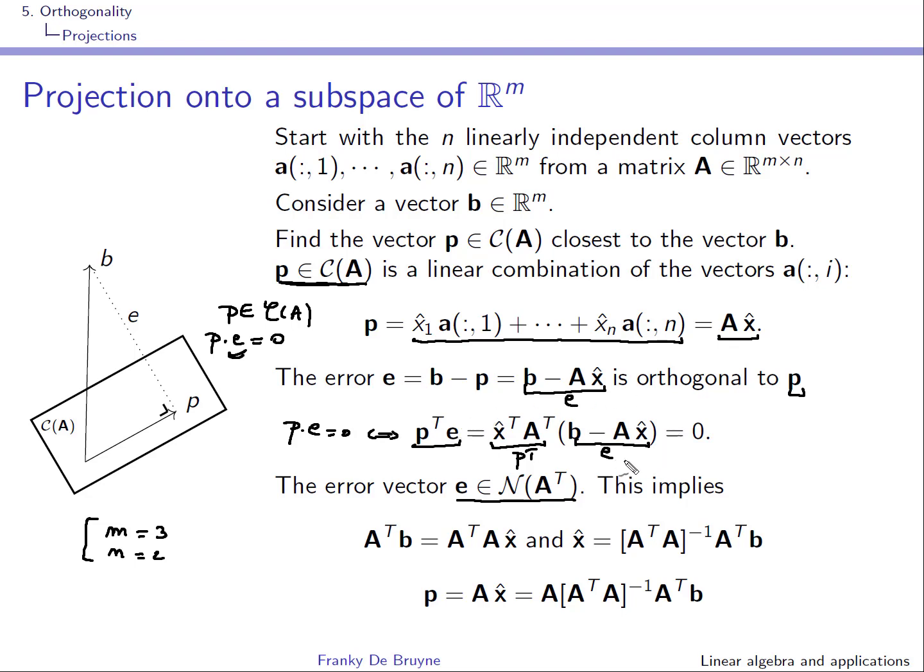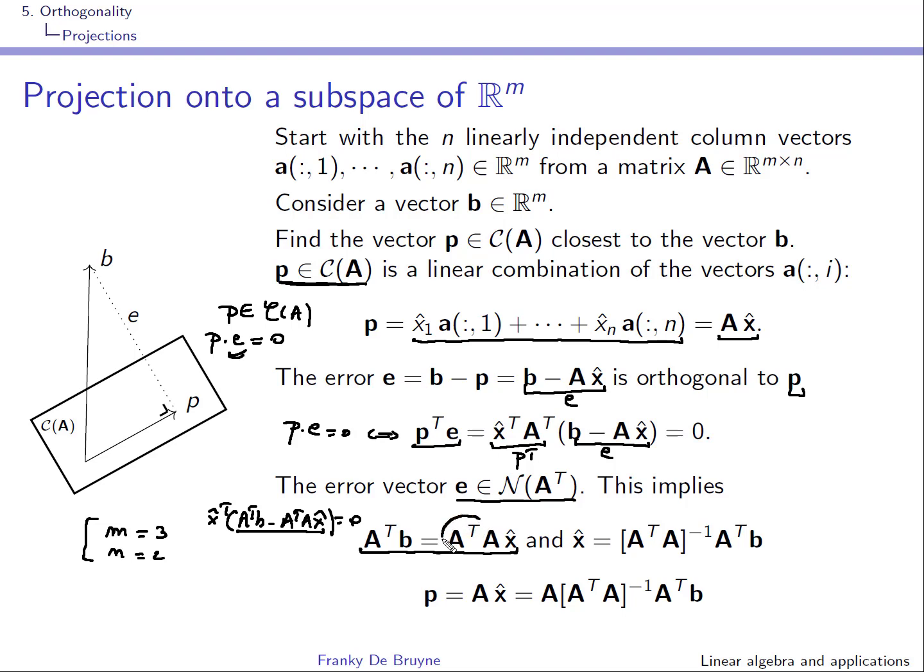If we distribute things and put this one up front, we have X hat transpose times (A transpose B minus A transpose A X hat) is equal to 0. So this must be 0, and this leads to this equation over here.